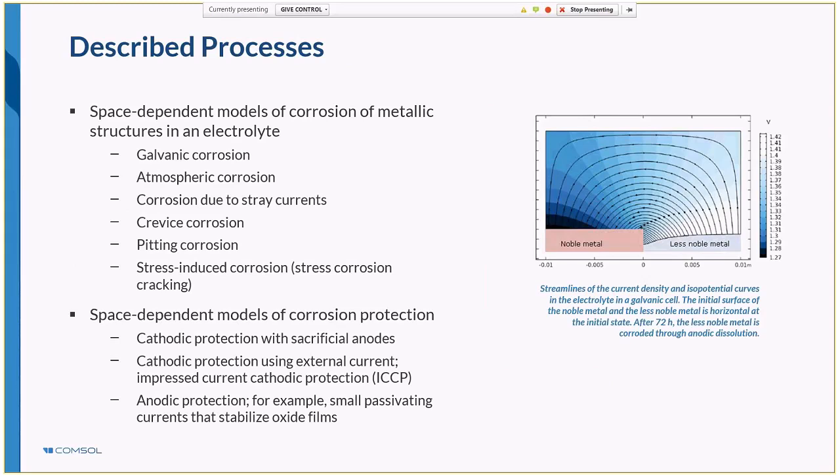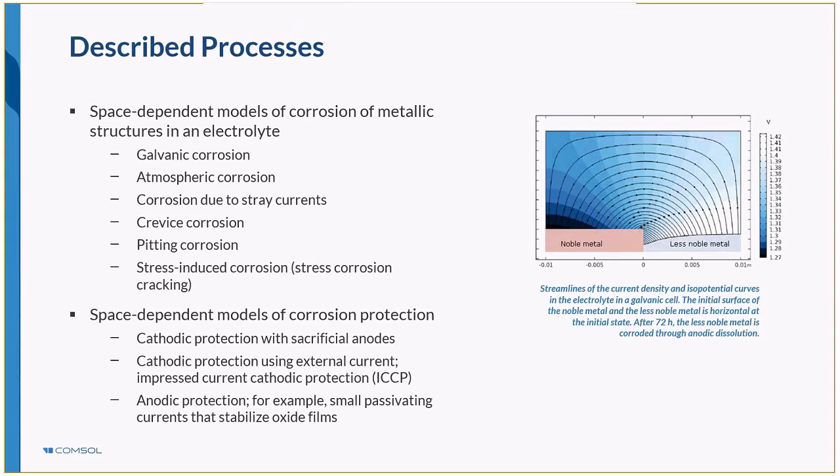With space-dependent corrosion simulations, we can represent a variety of different corrosion processes. These include galvanic, atmospheric, stray current corrosion, pitting, crevice, and stress-induced corrosion. Provided the material and electrochemical data can be defined or represented using the predefined materials, a simulation of the process can be made.